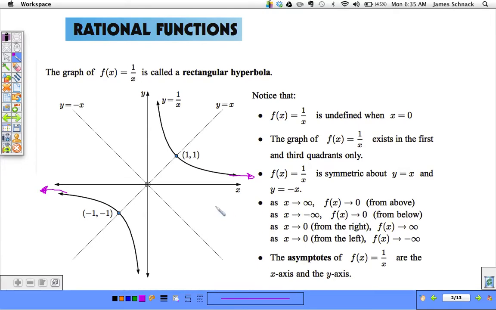Our output is getting closer and closer and closer to 0 again. So we have an asymptote at y equals 0. We call this statement right here the end behavior.